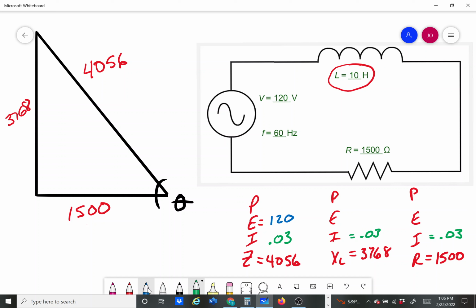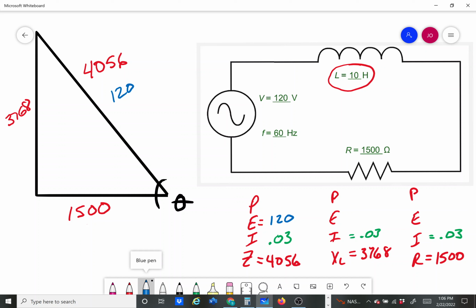All right, so now I'm going to solve for my other two voltages because I know my source voltage, and I'm going to write that up here too. So this is 120 volts because, again, if you look on your pink sheet on the bottom left-hand corner, series circuit, everything that's involved in the resistor is always on the bottom, everything in the totals is on the hypotenuse, and everything that has to do with reactance is on the vertical.